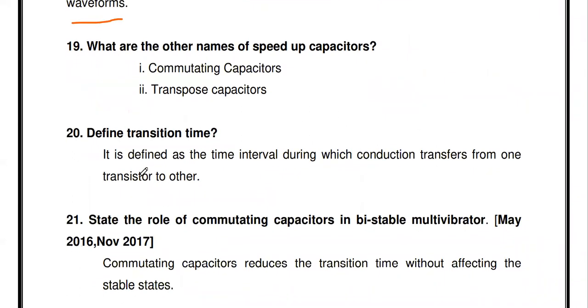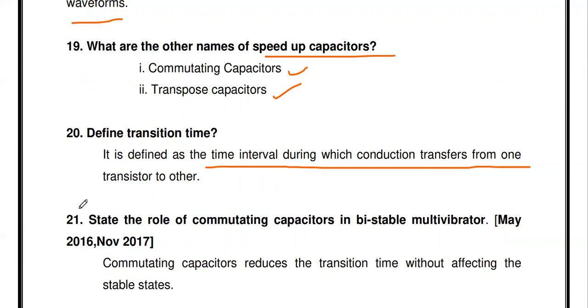And what are the other names of the speed up capacitor? The other names of the speed up capacitor are commutating capacitor or transpose capacitor. And define transition time. The transition time is defined as the time interval during which the conduction transfers from one transistor to another transistor.